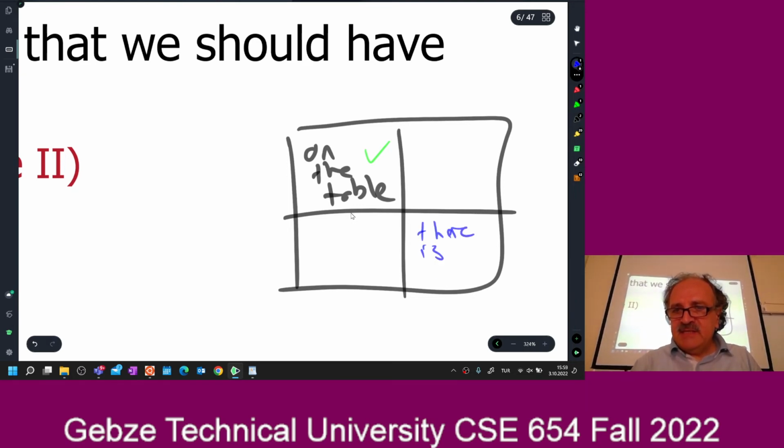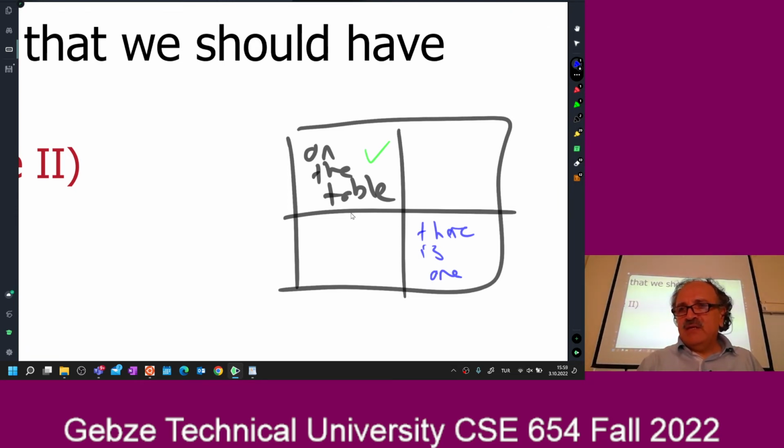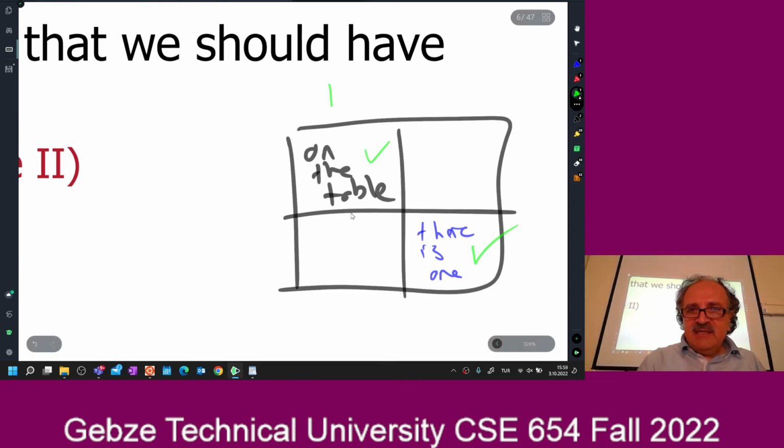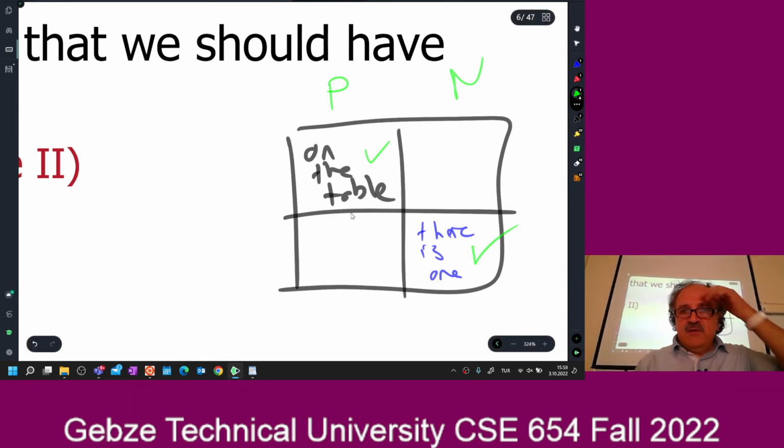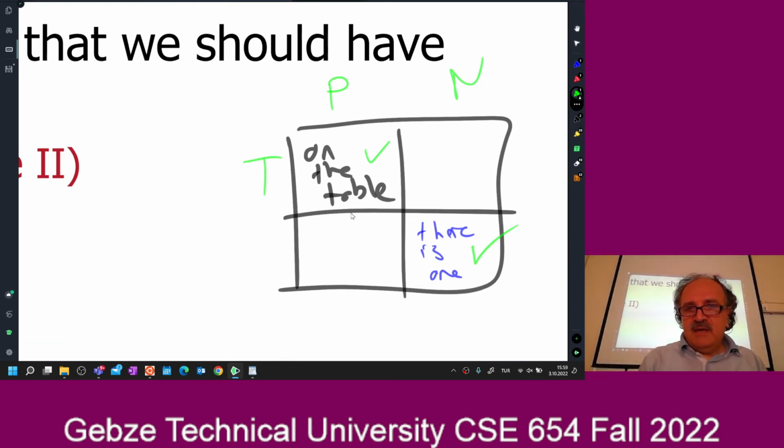There is one. If I didn't match this, this is a true negative, and I like this too. Okay, this is a true negative. And let's say these are positives and these are negatives. Okay, this is a true positive and a false positive.